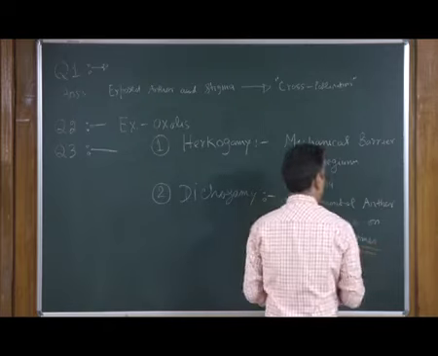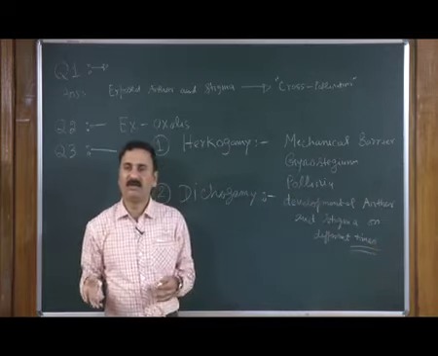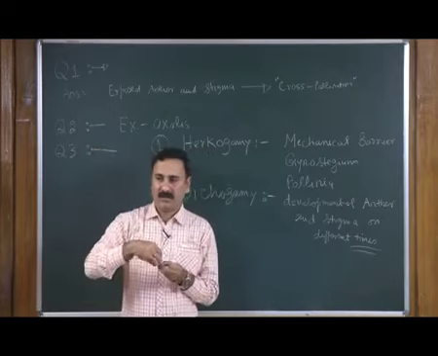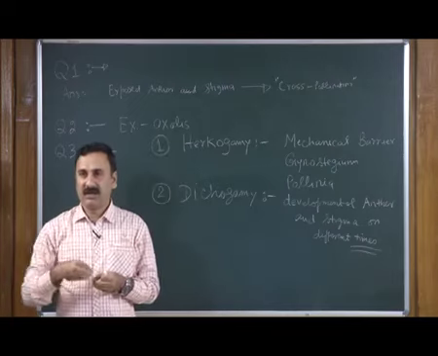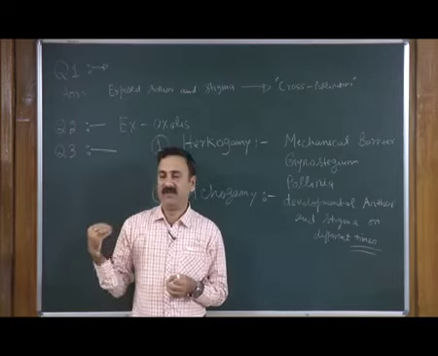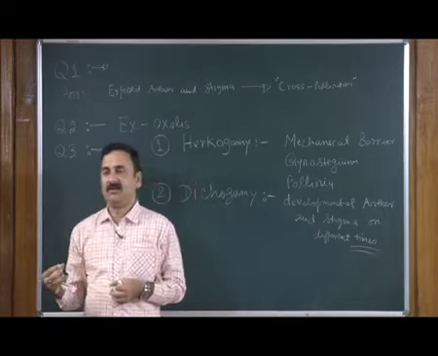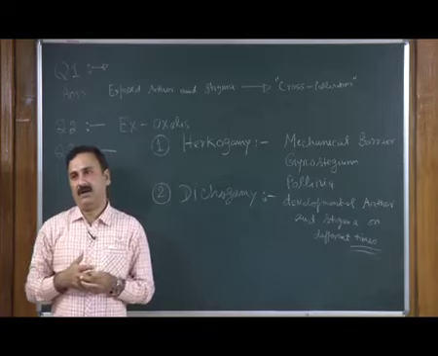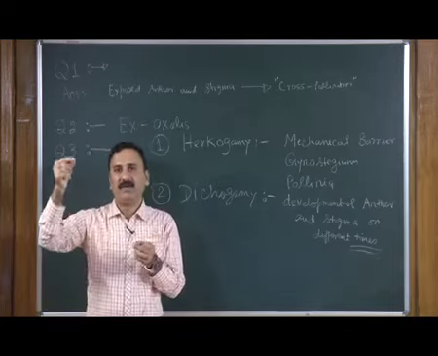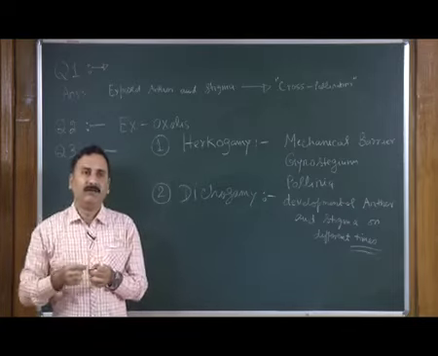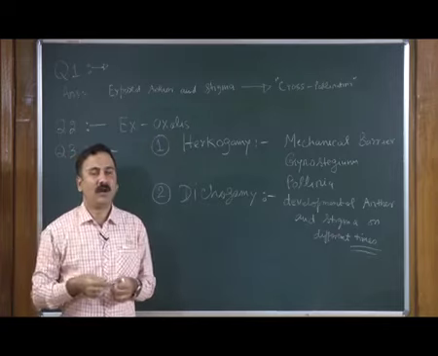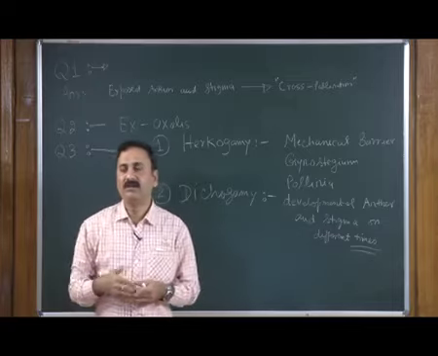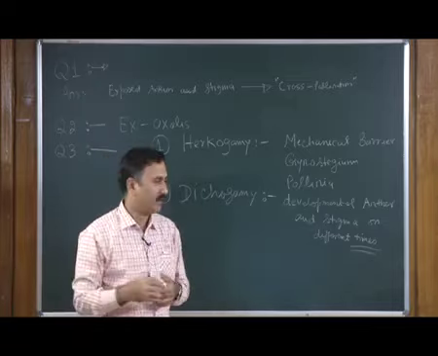Even in a bisexual plant, either the male is developing first or the female is developing first. In this situation self pollination is not possible, because even if the anther matures and its pollen falls onto the stigma, it will not work since the female sex organ has not yet developed.